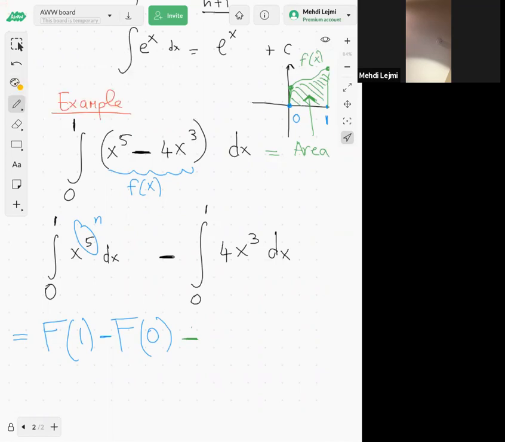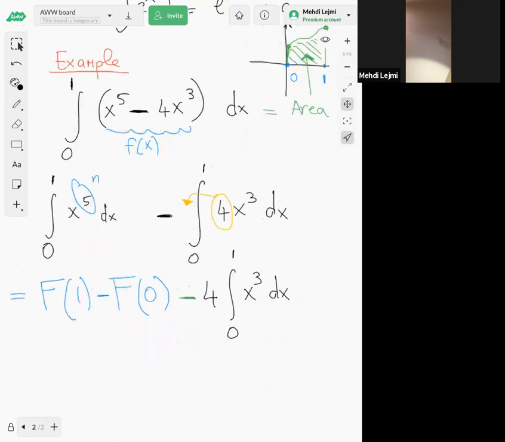If you have a constant inside your integral, you can move it outside the integral. So you can pull out the 4: minus 4 times the integral from 0 to 1 of x cubed dx.